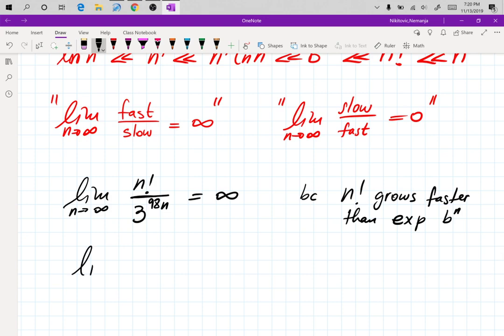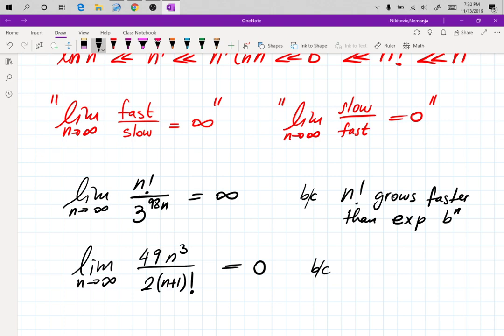But the limit as n goes to infinity of, let's say, 49n cubed divided by 2n plus 1 factorial is immediately equal to 0. Again, because n factorial grows faster than polynomial.